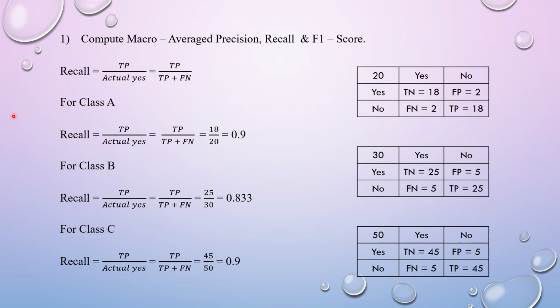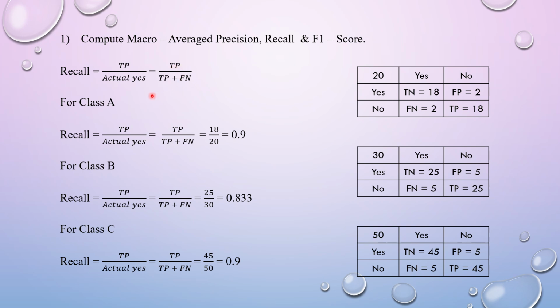Next, compute macro average recall. So first, the formula to calculate recall is true positive divided by actual yes, which is equal to TP divided by TP plus FN.